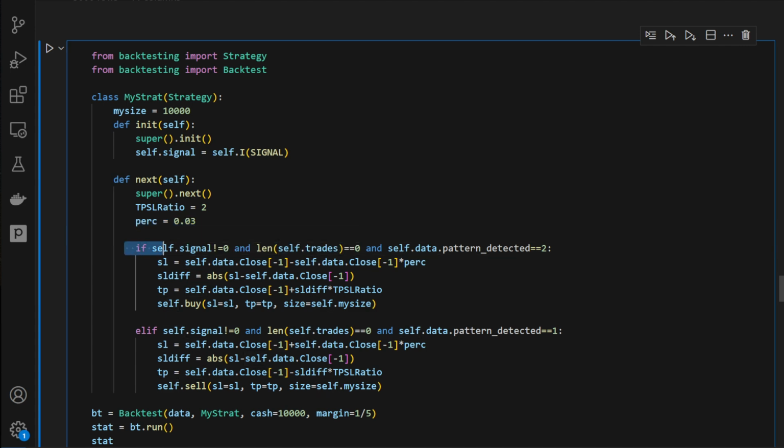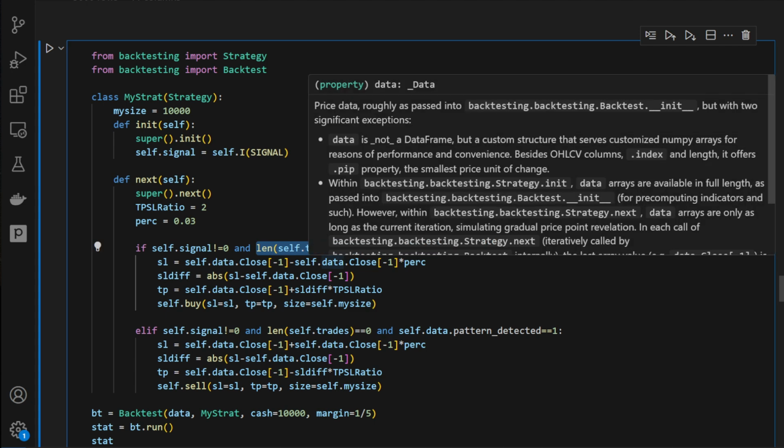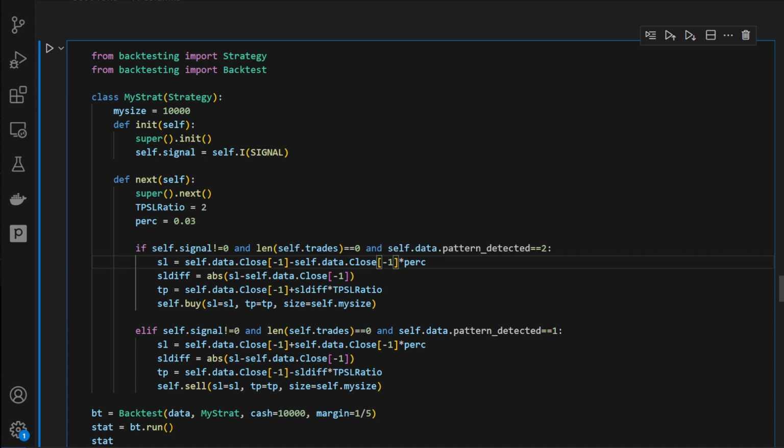And if we have a signal different than 0, and at the same time we don't have any open trades currently on the market, so the length of the current open trades equals 0, and at the same time the pattern detected column is equal to 2 for the current candle, then we're going to execute a buying position, which is here: self.buy with the stop loss, the take profit and the size of the lot.